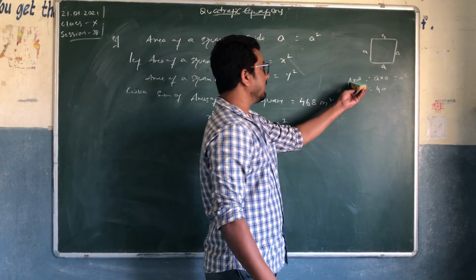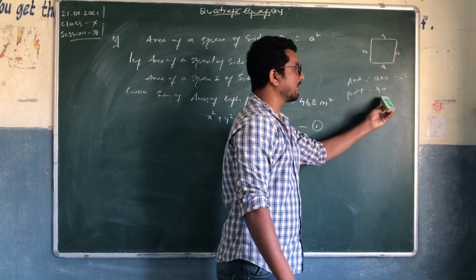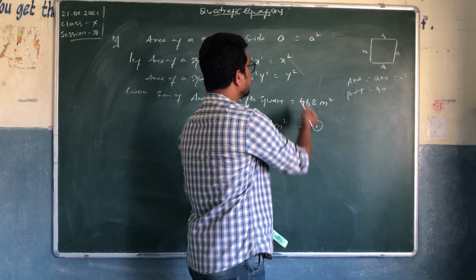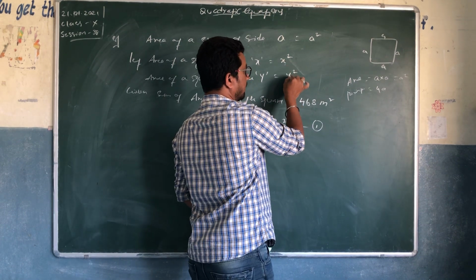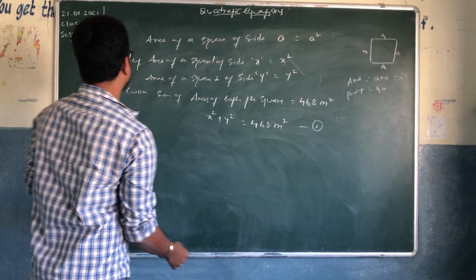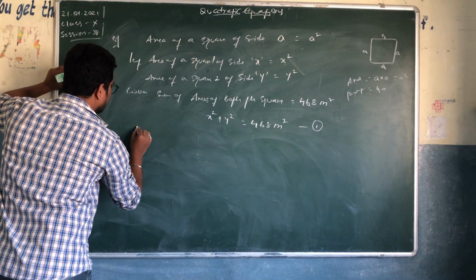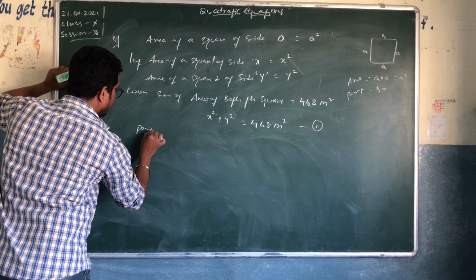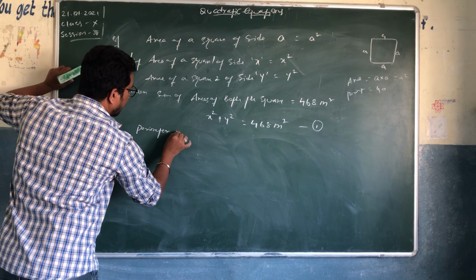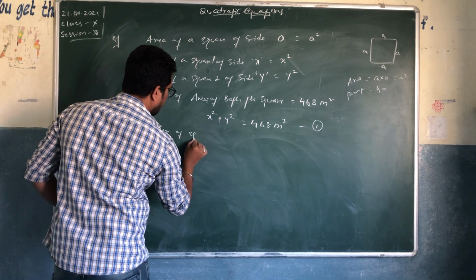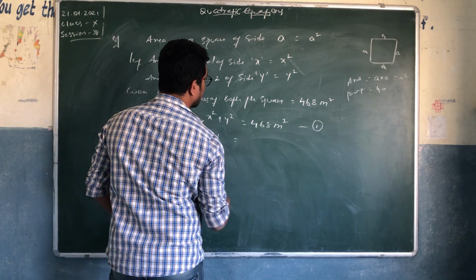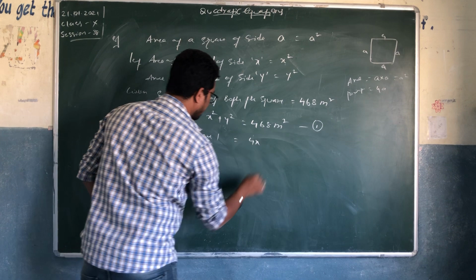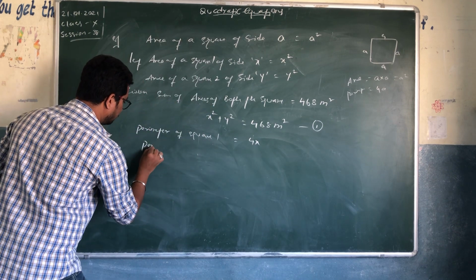When the area is a square, the perimeter becomes 4a. When the area is x square, the perimeter will be 4x, and here it will be 4y. Perimeter of square 1 is equal to 4x.